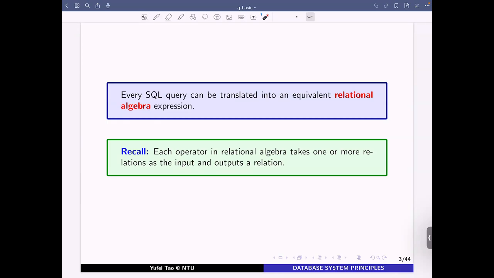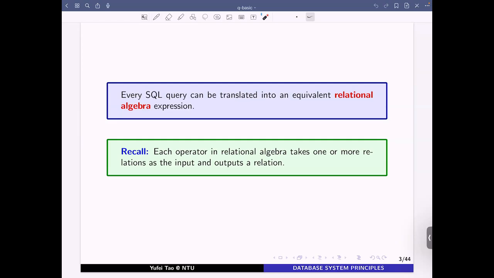So the output will have to be a number as well, right? So a plus b, the value. So you can see this operator is closed in the sense that you take numbers and then you give back a number, right? So you can use this number as part of the input to the next operator, right? So this is very, very important.